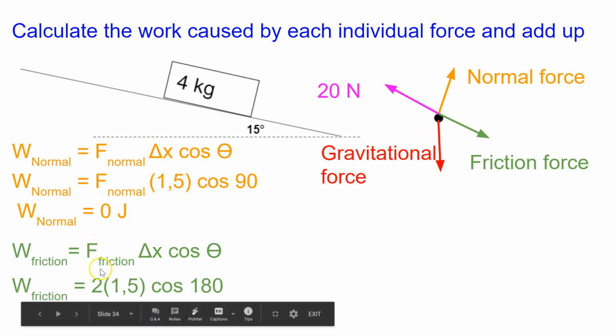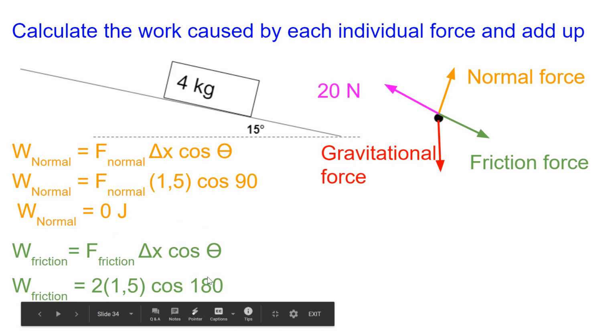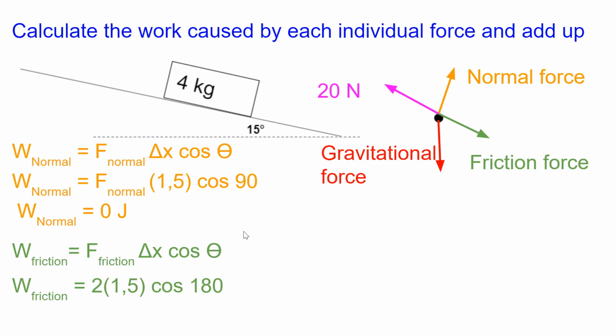I only use the magnitude of the forces. This cos of 180, or the size of the angle, will sort out whether this work done is going to be positive or negative. And indeed, cos of 180 is minus 1. So 2 times 1.5 times minus 1 is equal to minus 3 joule. So therefore I know my friction force does negative 3 joule of work.